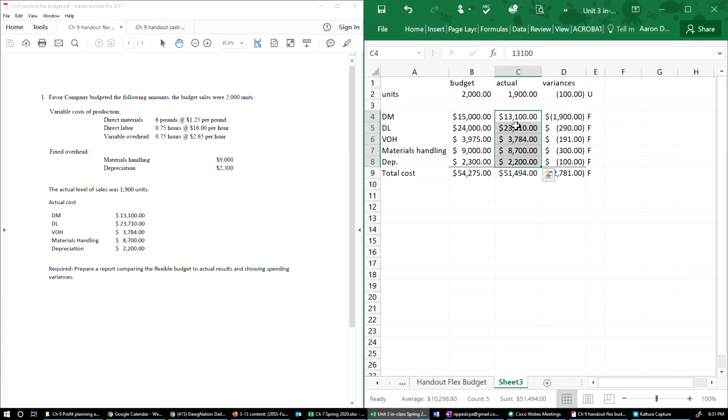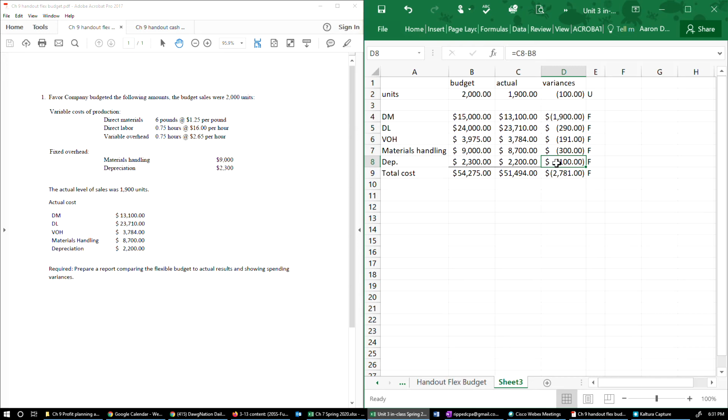The problem with this report, however, is that we can't tell how much of this is due to the lower volume. You produced 100 units less, and how much of the variance is due to good cost management or even poor cost management.